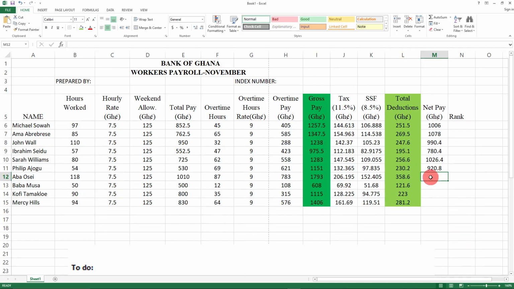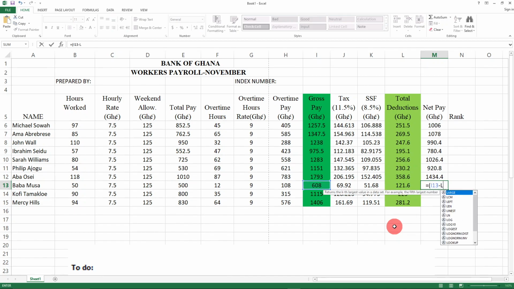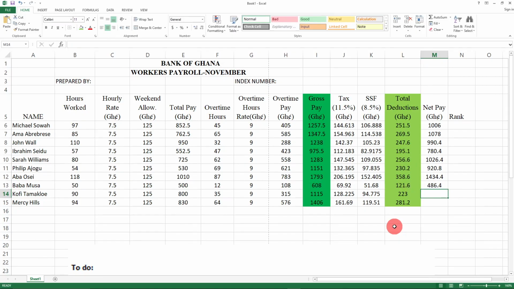Let's do for Abba. So Abba is I12 minus L12. Abba will be going home with 1434. Let's do for Baba. So Baba is I13 minus L13. Baba will be going home with 486.4.